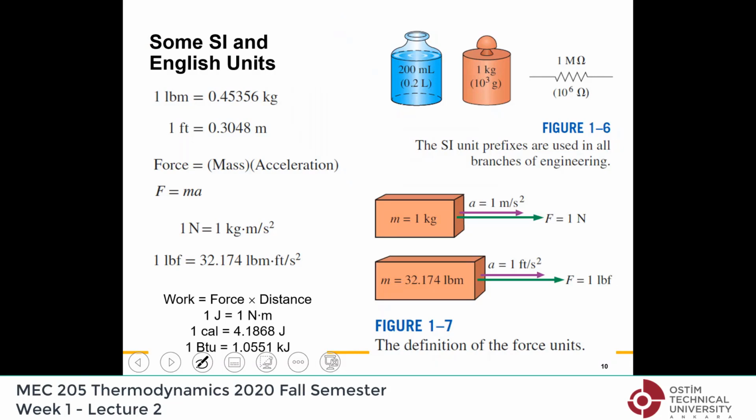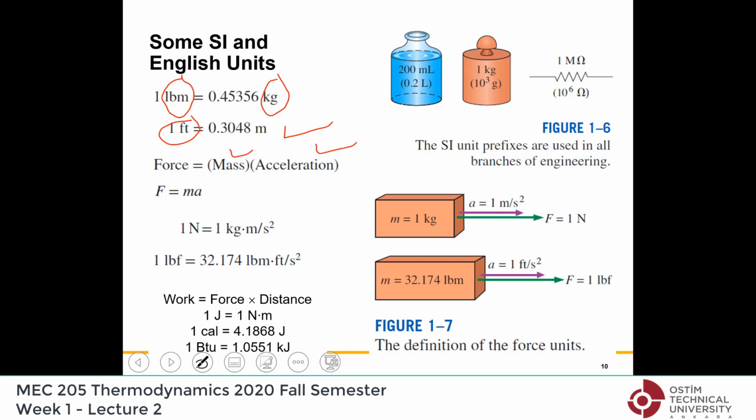First of all, the mass unit in the English system is pound mass. Okay, in SI it is a kilogram, and 1 pound is about half a kilogram. And lengthwise, 1 foot in English system is about 1/3 meter. And force is mass times acceleration.